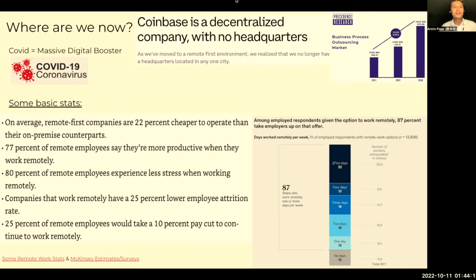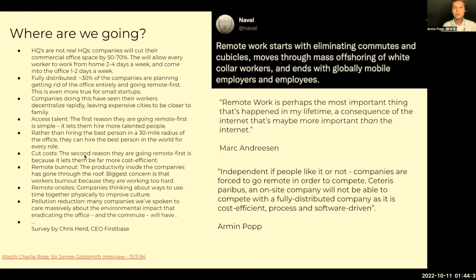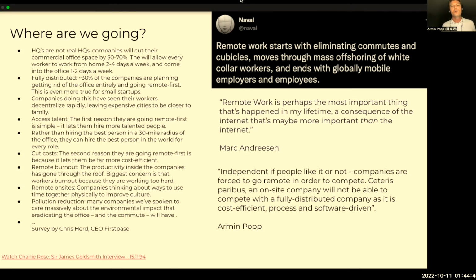So you can check out some of the stats in the presentation. I linked a couple of them, but in essence, what it will mean for you, and in order to wrap it up a little bit quicker, is that we are going into a world where it might be more important than the internet, and the reason is that value creation is really detaching from location.